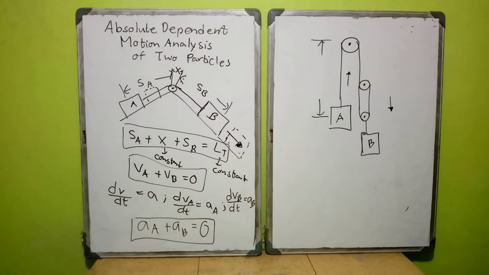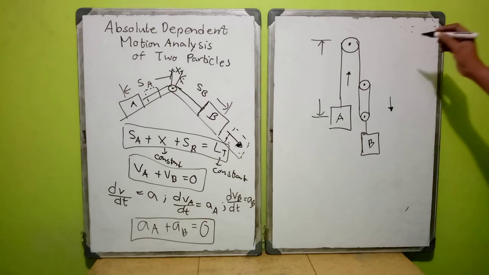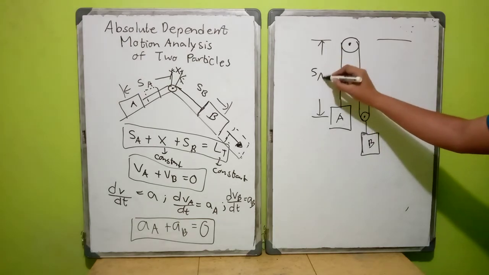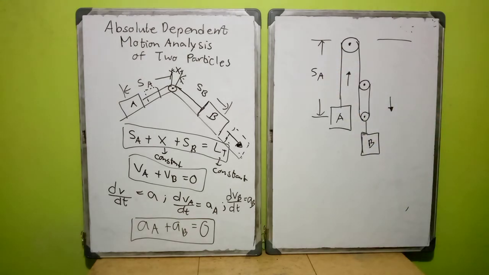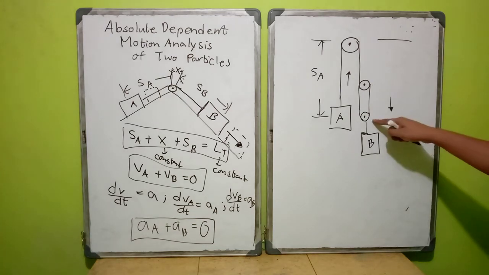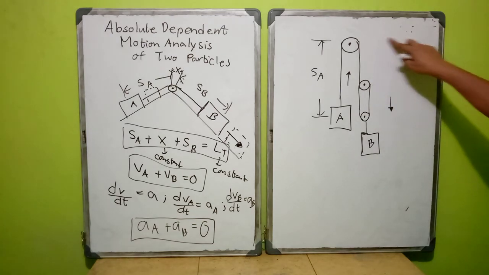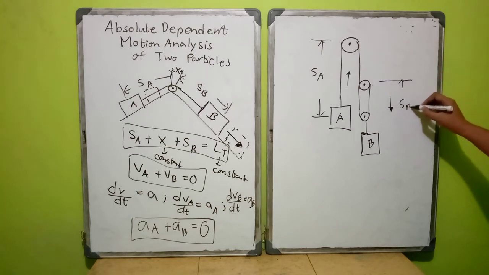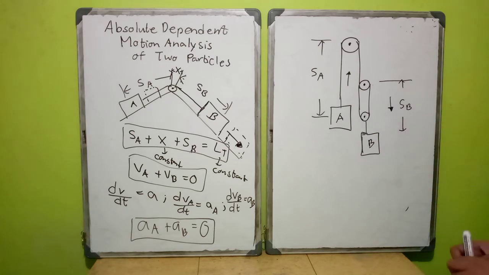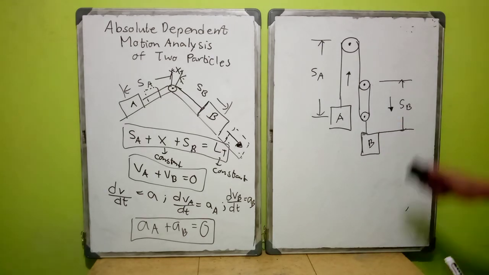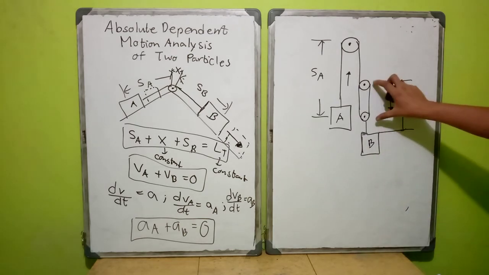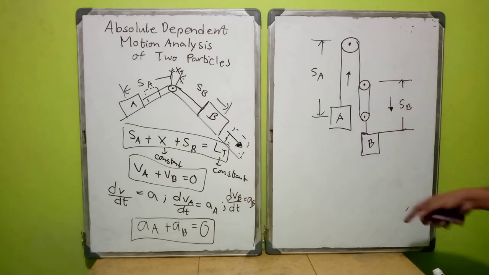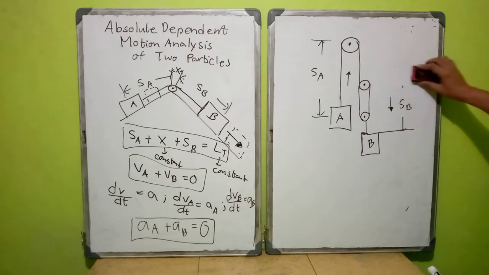Okay, so how do we construct your formulas? If this is your S sub A, we can say that this will be your S sub B. So what is changing? I know this is constant. If it will go down, the thing that is changing will be this length.